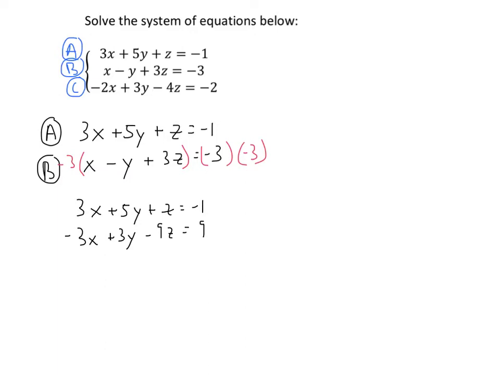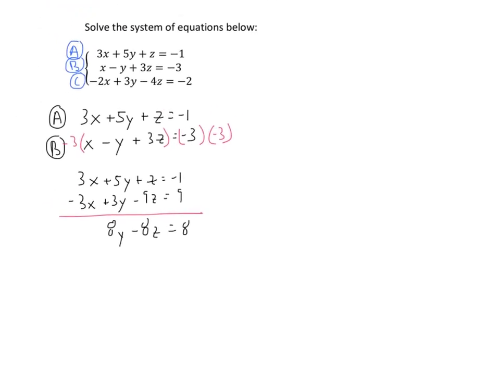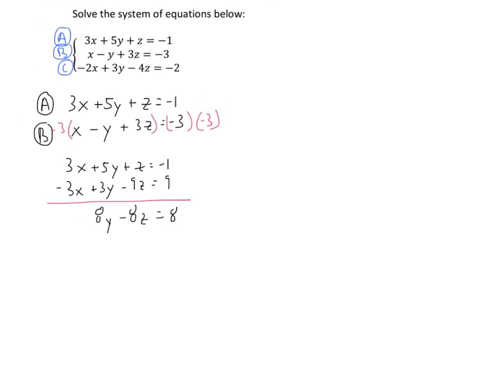If I add these together, the x's are eliminated, and for the y's I'm going to have 8y, and for z, minus 8z, is equal to +8. I'm sorry. An interesting thing happened here. We're going to use this for equation D.